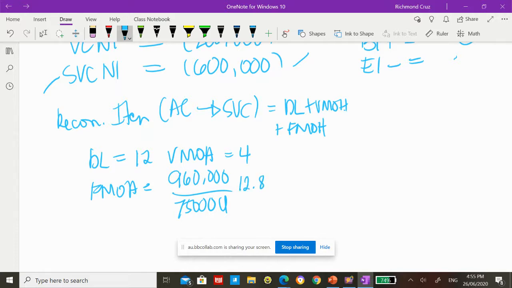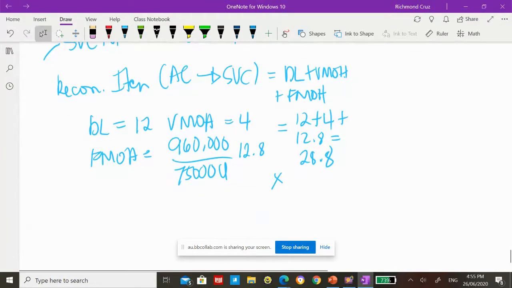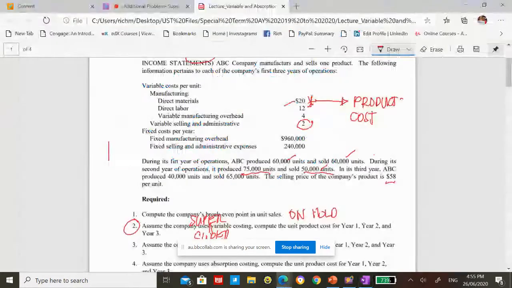Therefore, the total reconciling item is 12 plus 4 plus 12.8, that is 28.8. So multiply this by the ending inventory, and our ending inventory is 25,000.